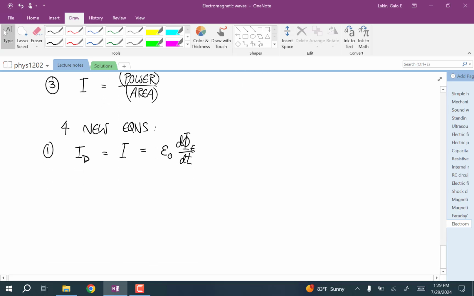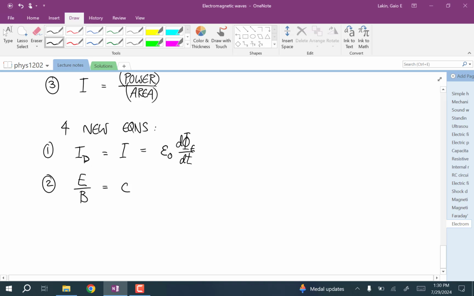The second new equation is that at any given time, the ratio of the magnitude of the electric field divided by the magnitude of the magnetic field, well, this isn't true when B is equal to 0, but because that's undefined, is equal to the speed of light.